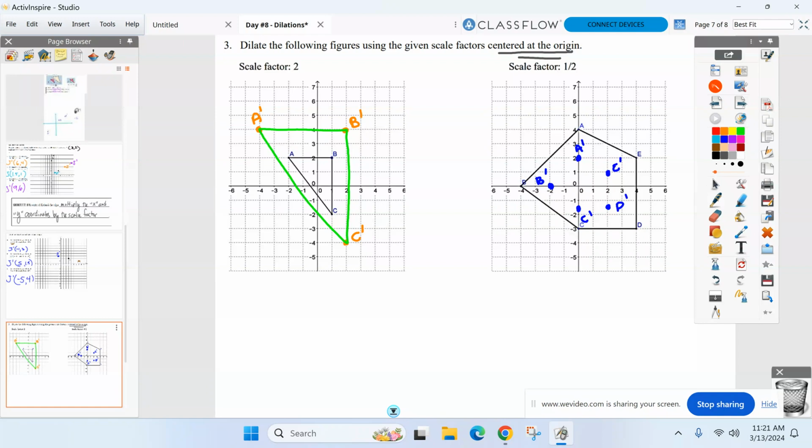Do you have to label the points? The prime points, yeah. We have to know, if you put a point there, I don't know if you think that's E prime or A prime.